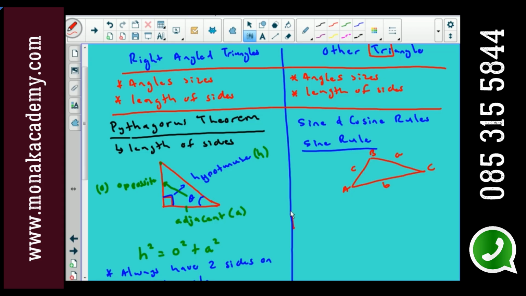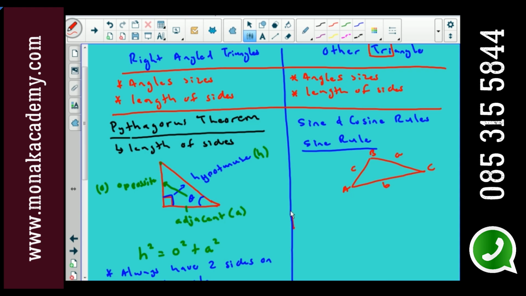So capital letters represent the angle, small letters represent the length of the side. Okay. So now that we have named our triangle ABC with side small a, small b, and small c, and angles A, B, and C, how can we apply the sine rule?